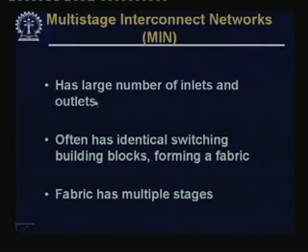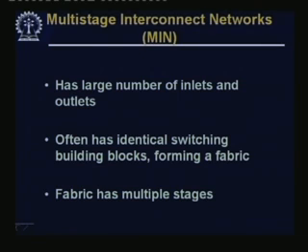They have a large number of inlets and outlets which are grouped into small groups, so that the problem with pins on input lines, or even output lines, is avoided. It often has identical switching building blocks forming a fabric. There are many building blocks, each consisting of some number of switches, and such modules are used all over the switch. As you might guess, in a multi-stage switch we will have different stages.